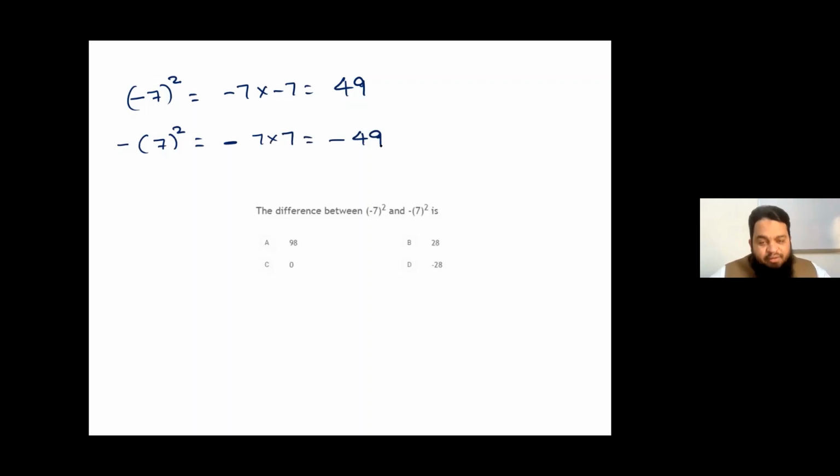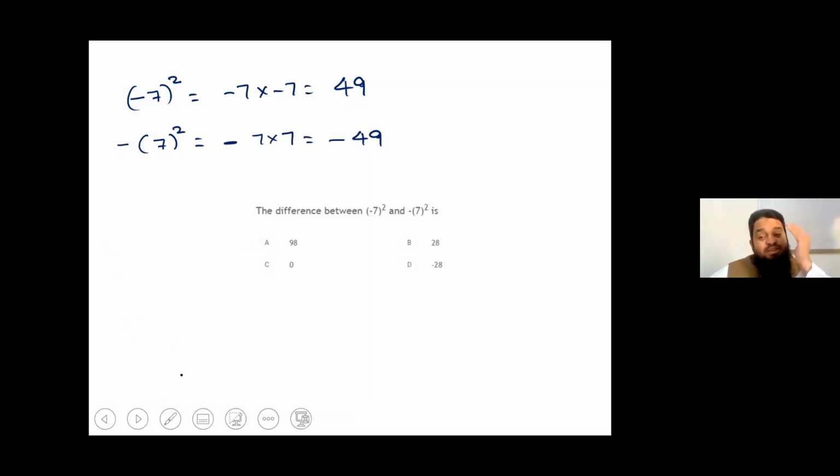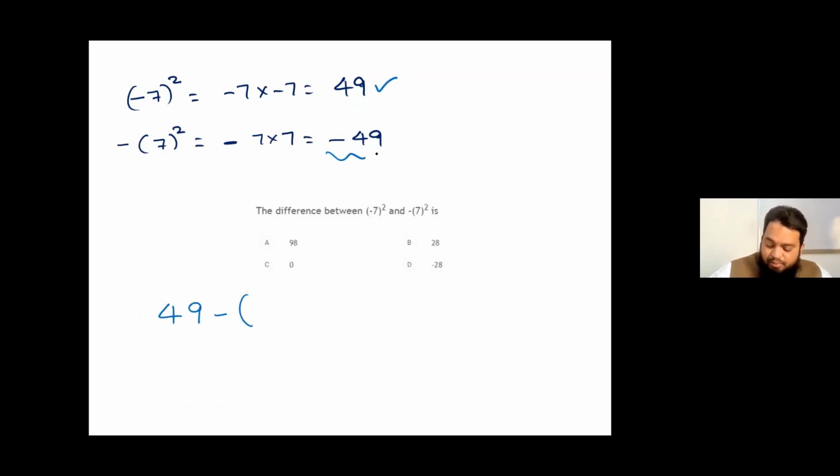Whenever they ask for difference, what we actually do is subtract smaller from bigger. So the bigger one is 49. So let us subtract 49 minus of what is the smaller number? Minus 49. So it will be 49 minus of minus 49, that is plus 49, which equals 98.